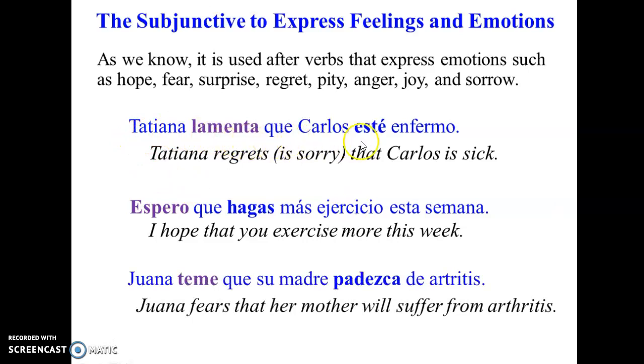Tatiana lamenta que Carlos esté enfermo. Espero que hagas más ejercicio esta semana. Juana teme que su madre padezca de artritis. All of these verbs express emotions, so we use the subjunctive.